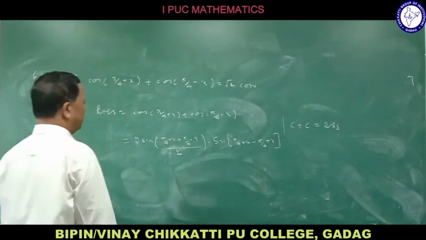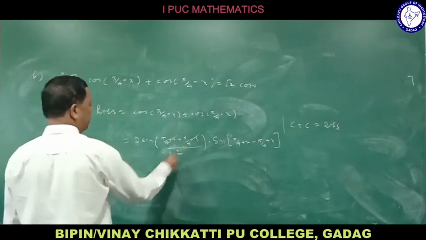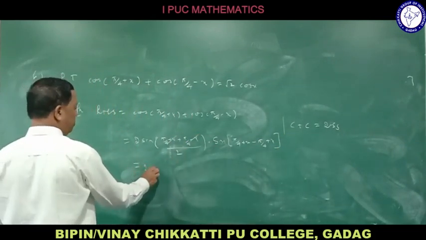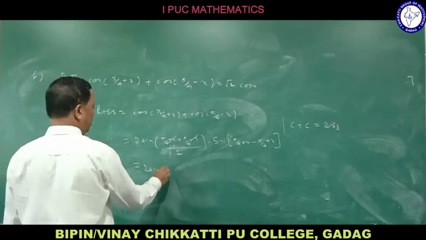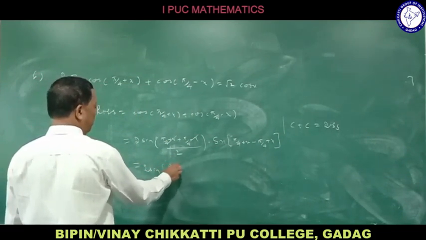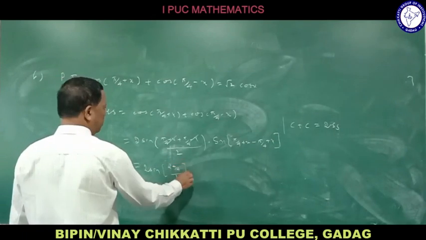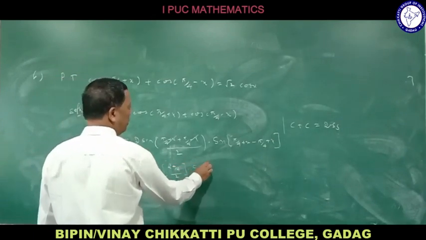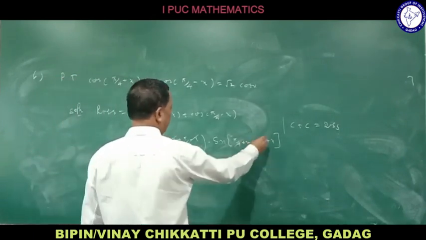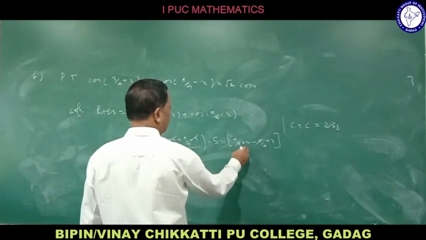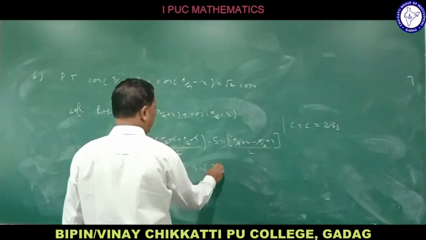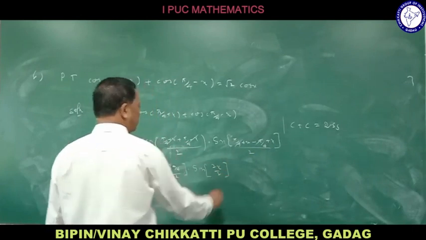So what comes here? 2 sine of 2 pi by 4 divided by 2, into sine of 2x divided by 2.